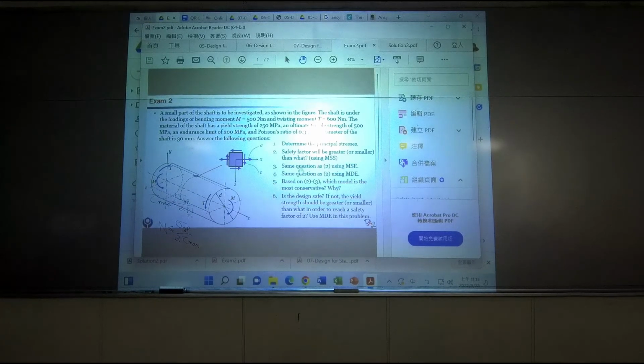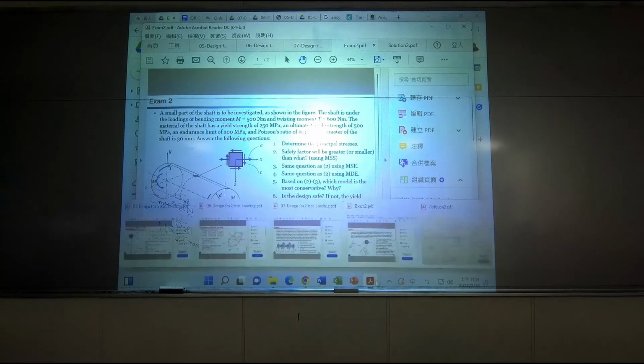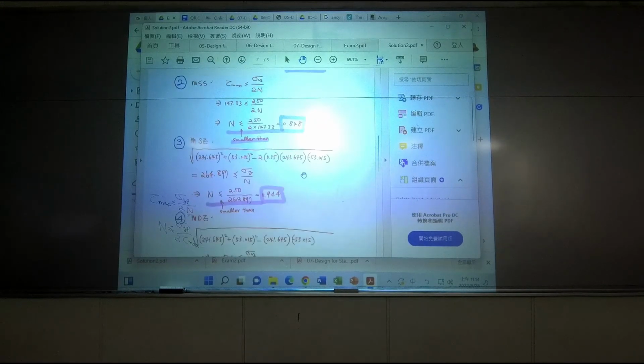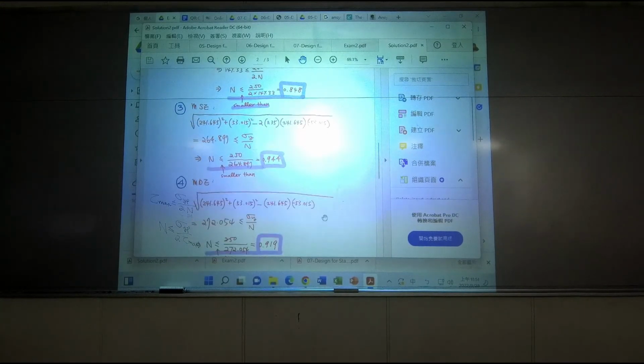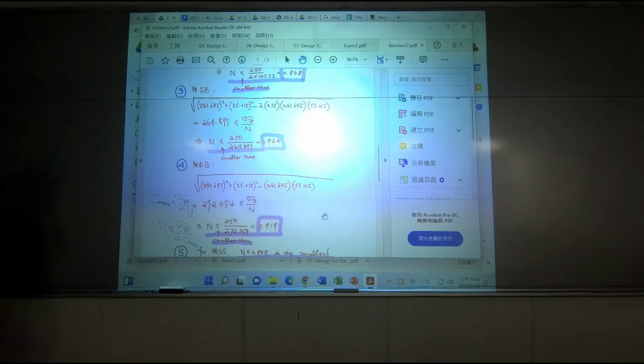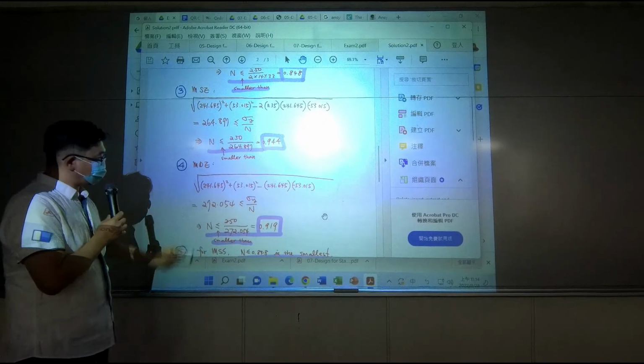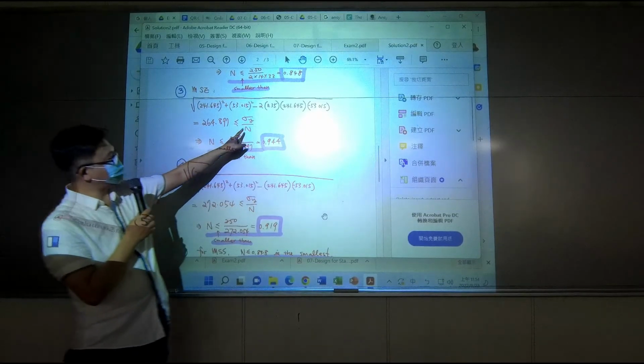Same question using the distortion energy model. The next one using distortion energy model. So basically, I want you to plug in the equations. Okay? What we just introduced earlier. Just plug in, and then solve for n.